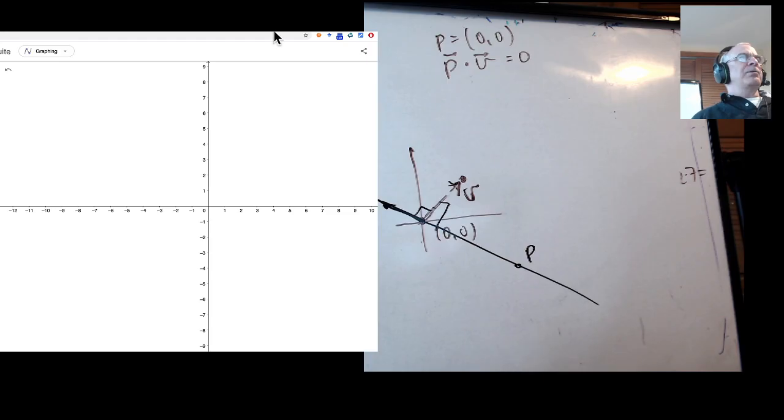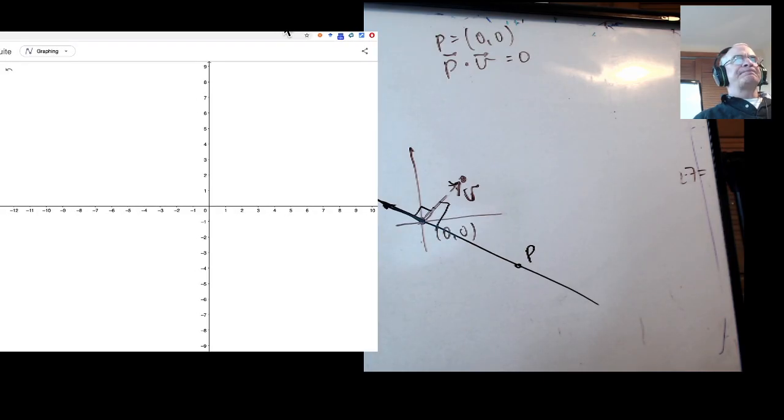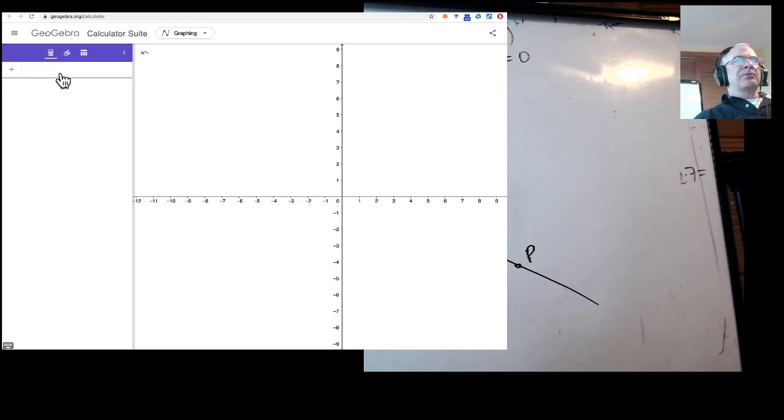And if you want to play with it, go to GeoGebra, which is, I find, a fantastic tool to get intuition for things, and write in GeoGebra, V equals, say, 2, 3, and you'll see V appears as a vector.